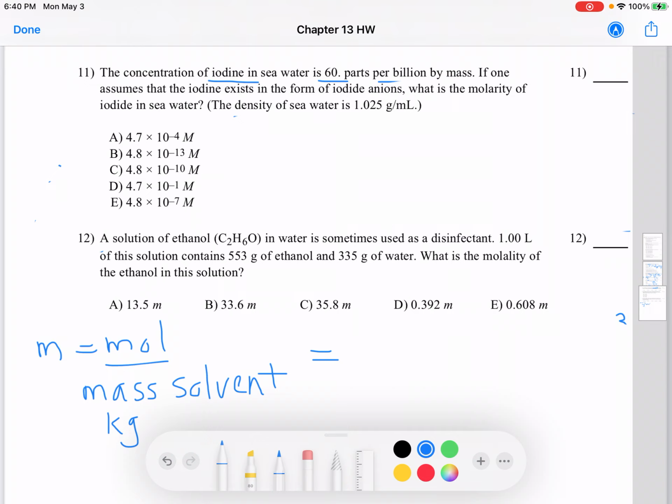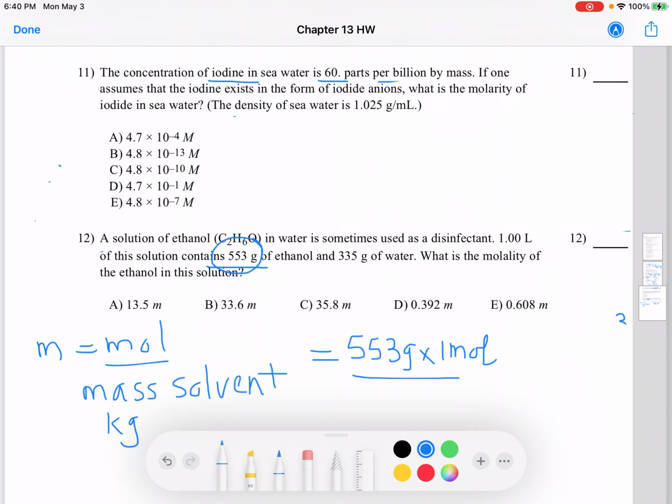Okay, so it contains 553 grams ethanol. If it is given in grams of ethanol, we need to convert it to moles. So 553 grams, you use the molar mass of ethanol. 1 mole ethanol is the molar mass of ethanol.